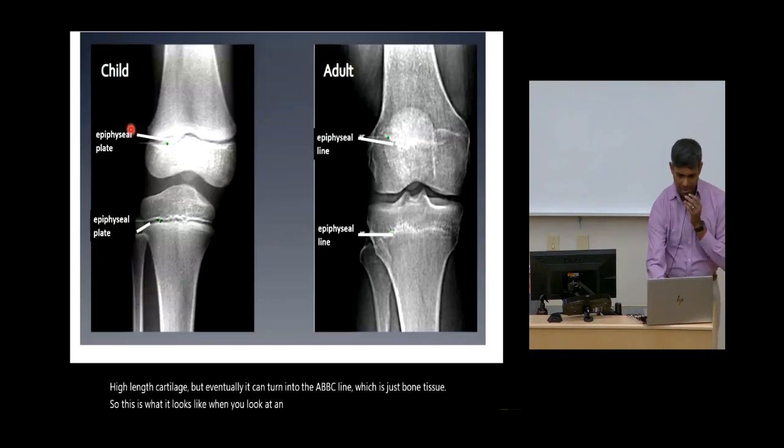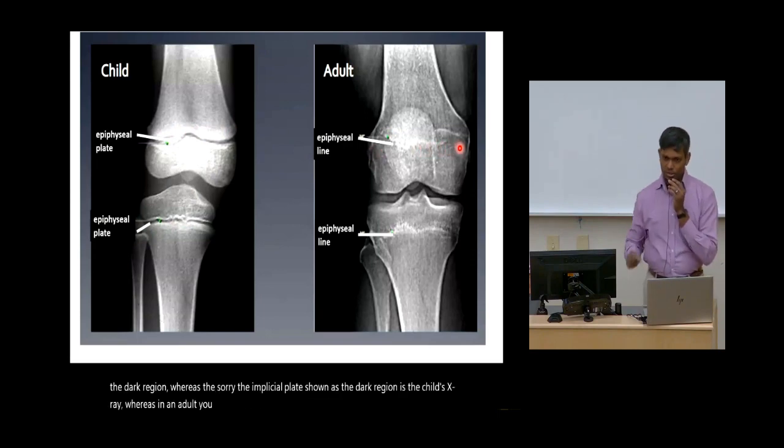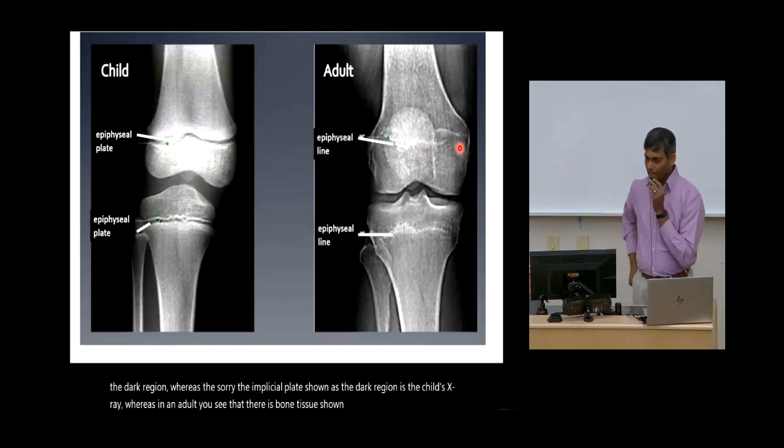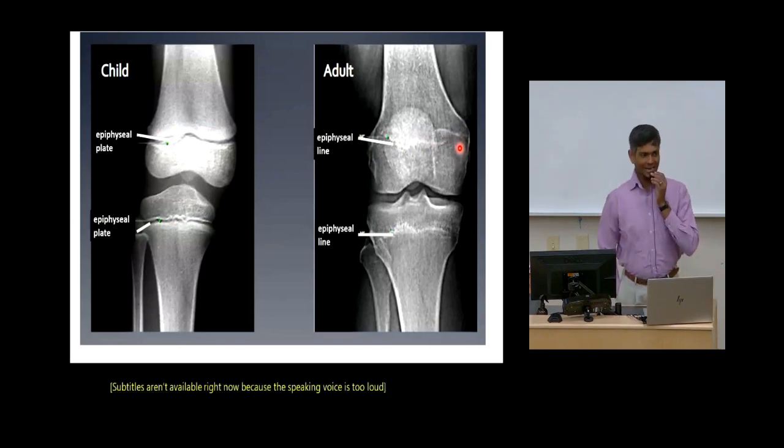So this is what it looks like when you look at an X-ray, right? Here the epiphyseal plate is shown as the dark region in the child's X-ray, whereas in an adult you see that there is bone tissue shown by the light color. So a basic question is, why do bones appear light in an X-ray?